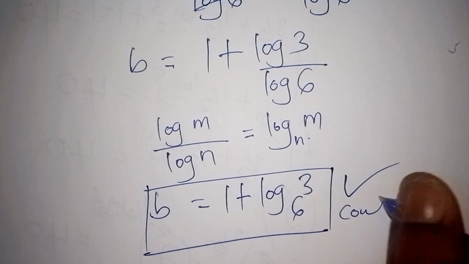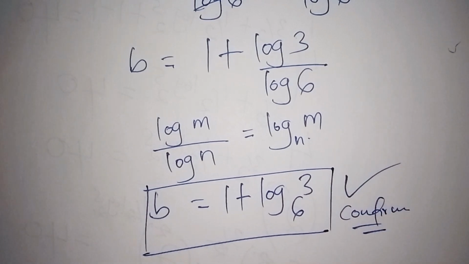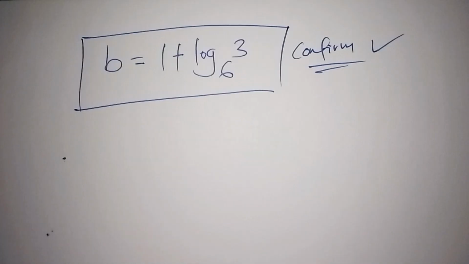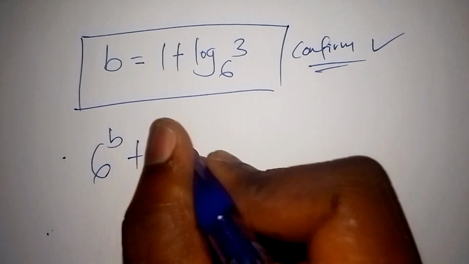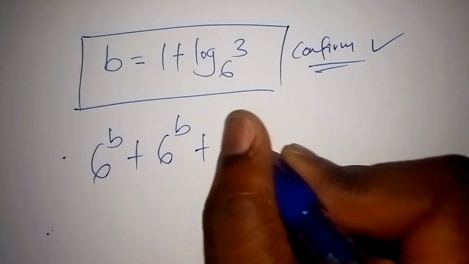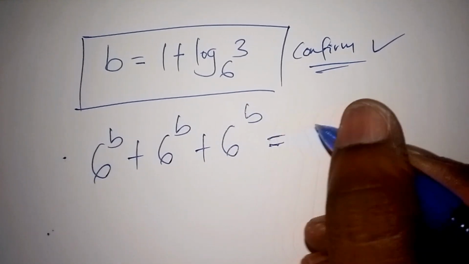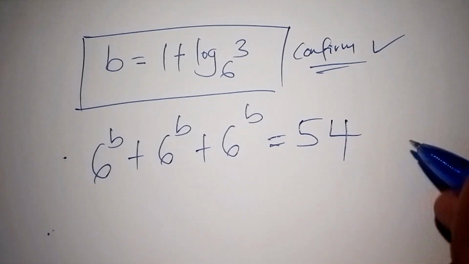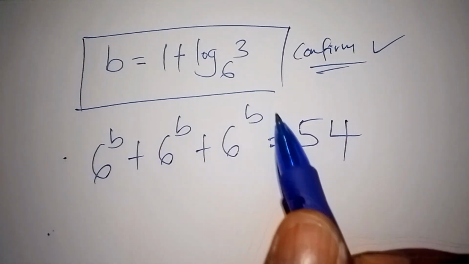So we can still confirm this maths problem and check if you are really true. So our maths problem was 6 to the power of b plus 6 to the power of b plus 6 to the power of b is equal to 54. So let's now confirm by using the value of b. We have got it as 1 plus the log of 3 to the base of 6.